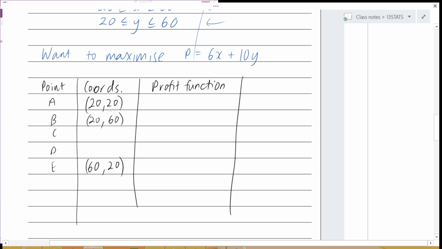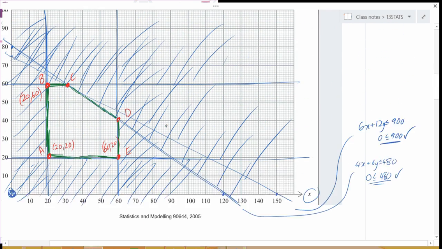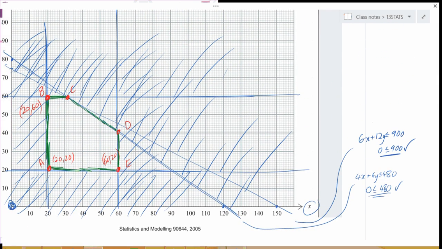So we need to work out C and D. So C seems to be the crossing over of the two diagonal lines, and also where y is 60. So we could choose either of the diagonal lines there.